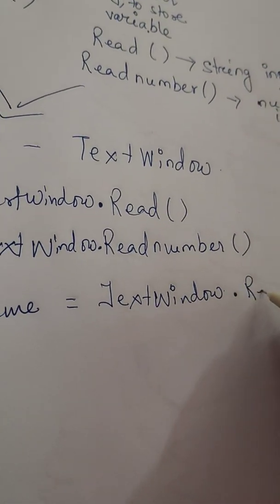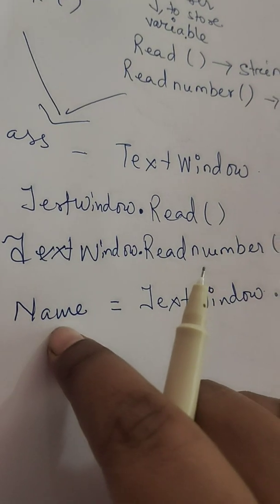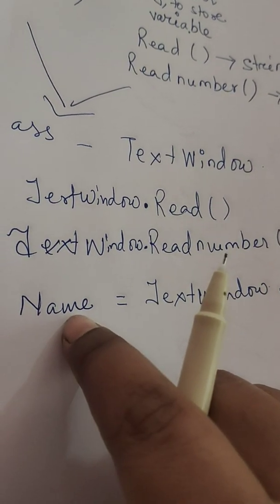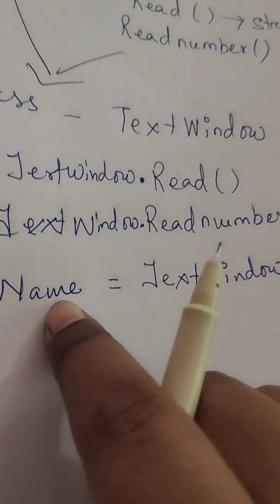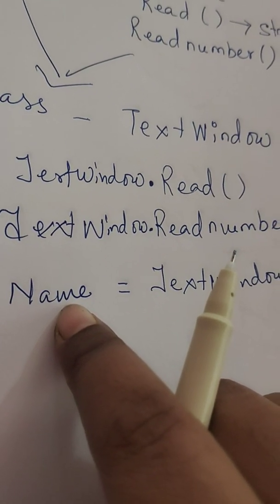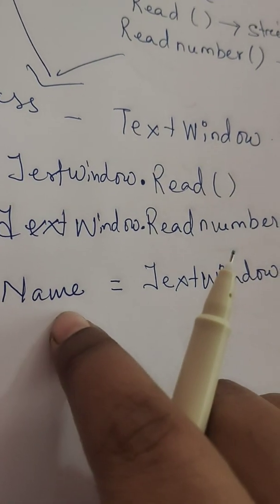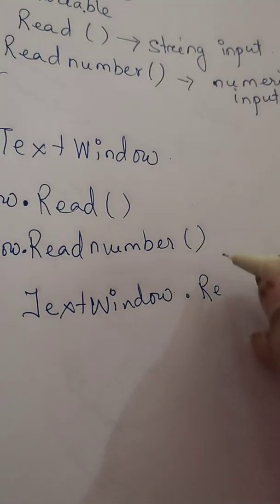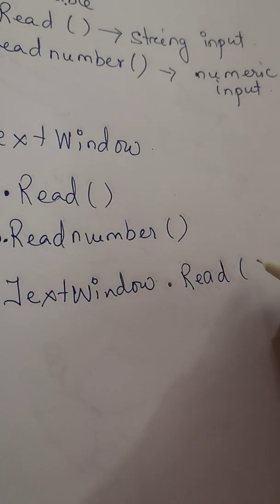Since this is a name, what is the input? String input or numeric input? If you said string input, you are absolutely correct. So what kind of function will we use?